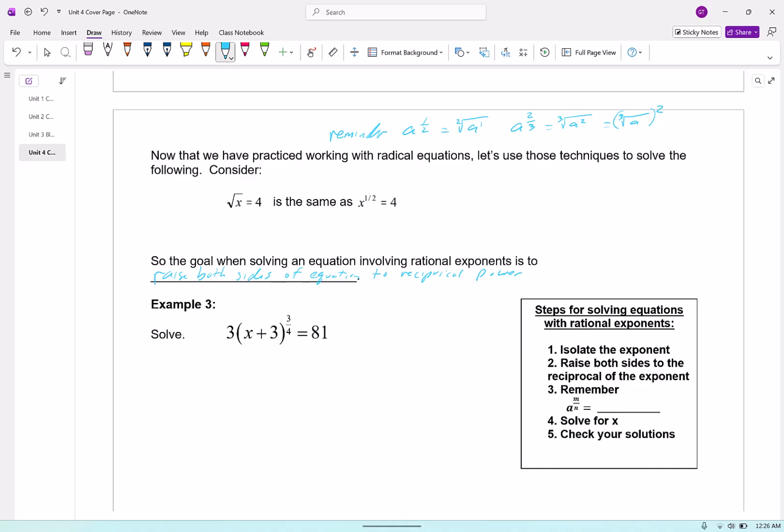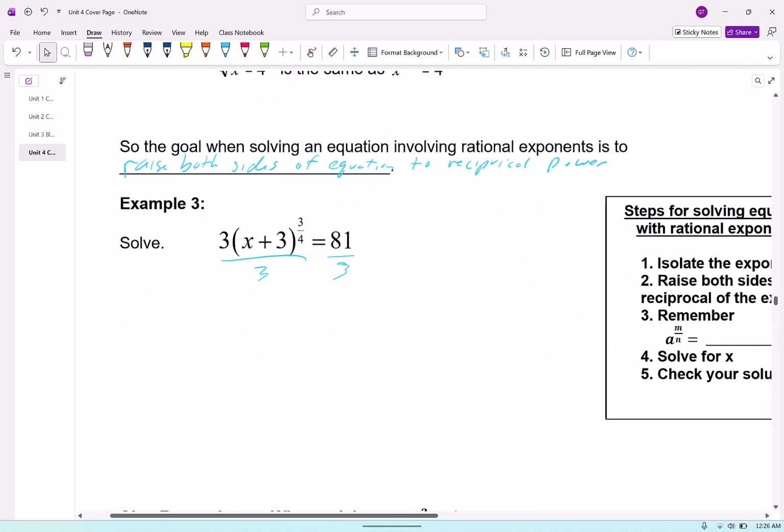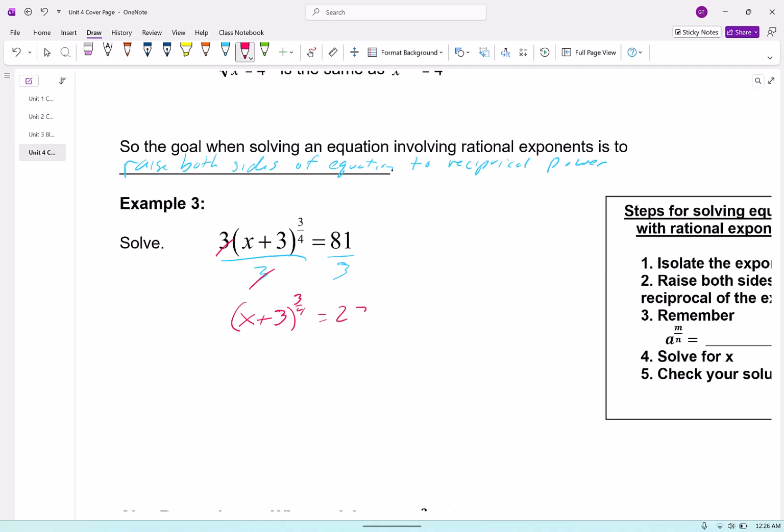All right, so isolate the exponent. We want to get that by itself, so we're going to divide by 3 on both sides. That will cancel out, leaving me with x plus 3 to the 3/4 equals 27.